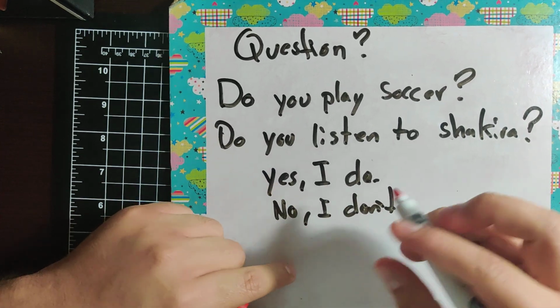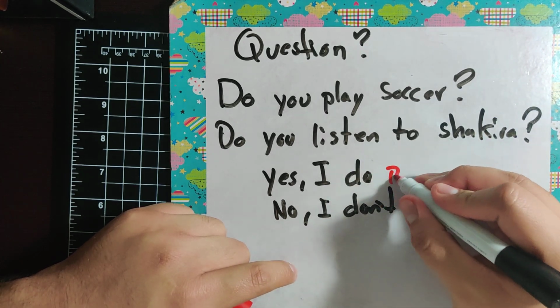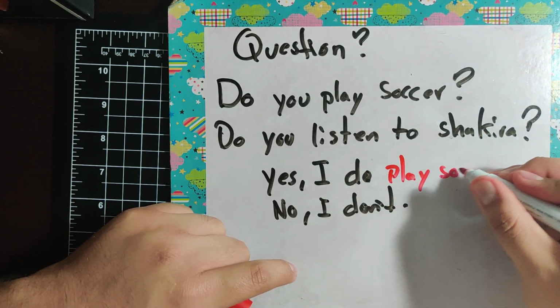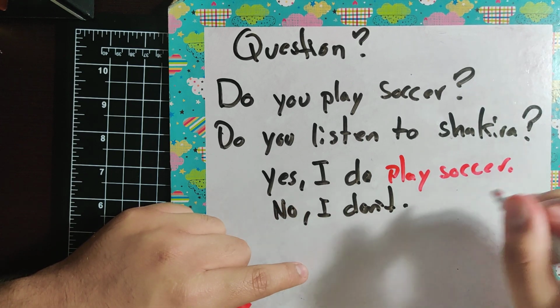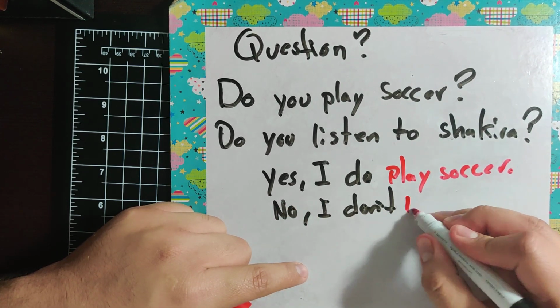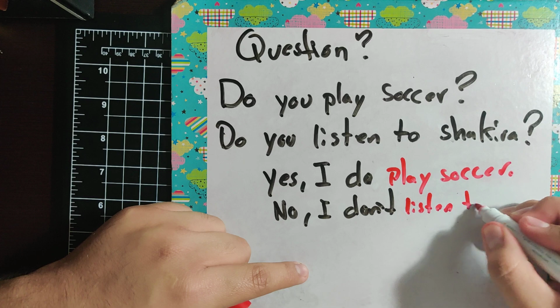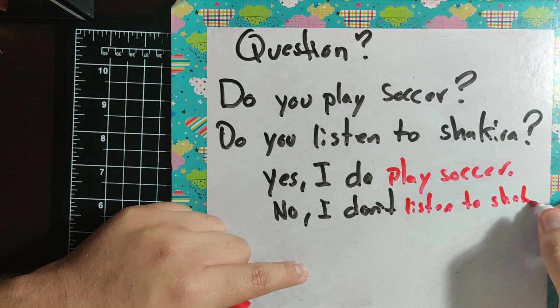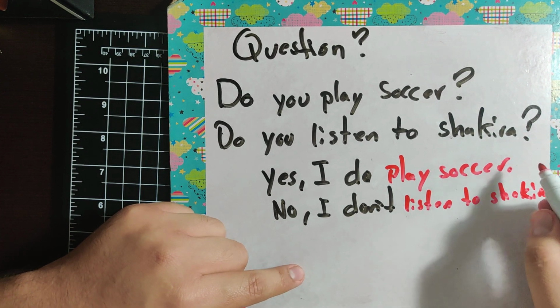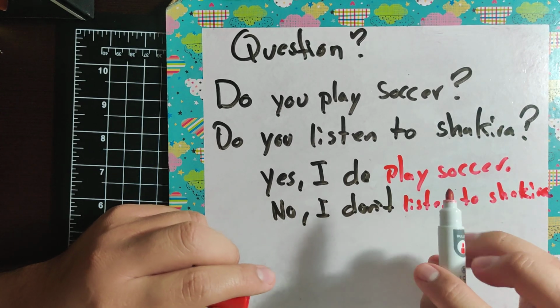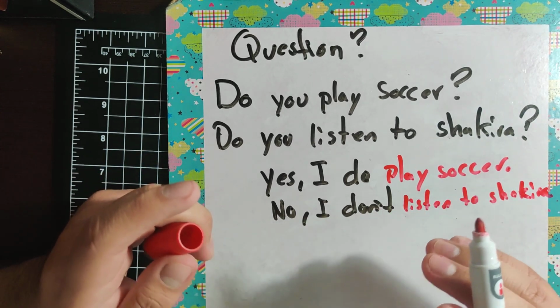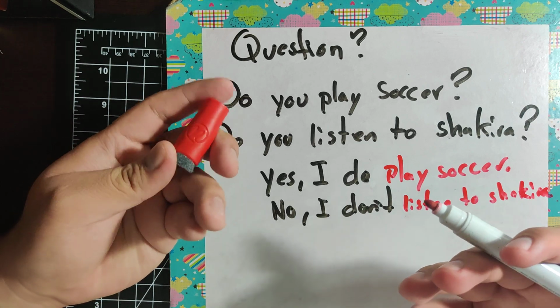For example, yes, I do play soccer. Or, no, I don't listen to Shakira. Okay? And like this, ya ustedes pueden decidir cómo ustedes hacer y hasta entrevistar a alguien.